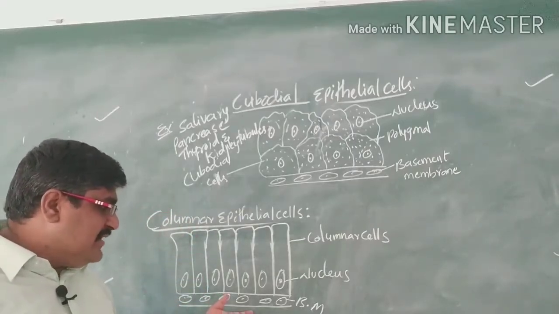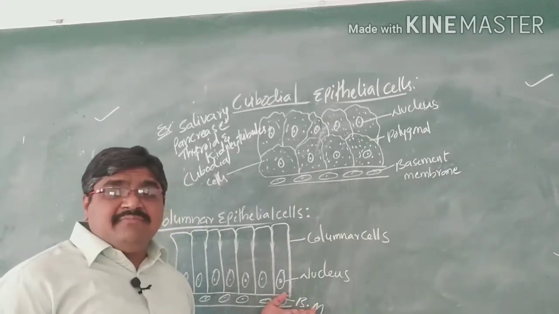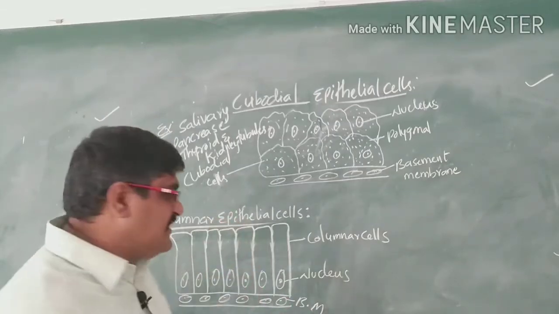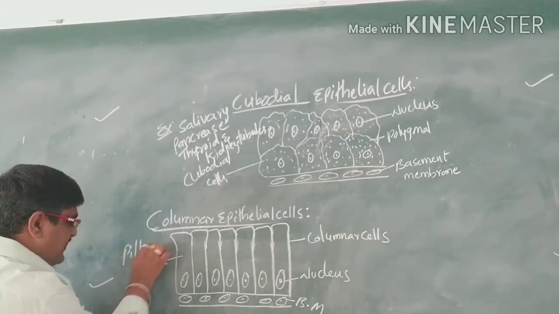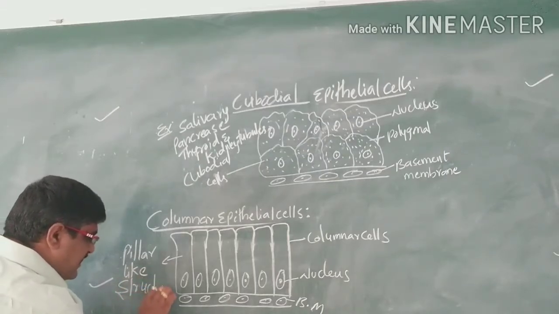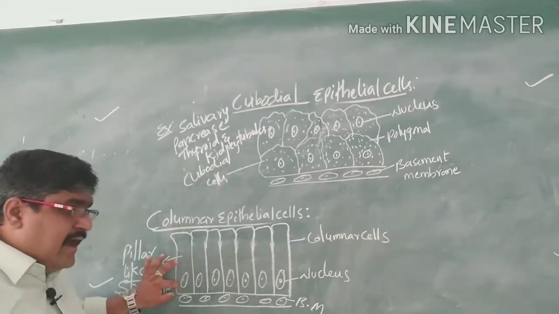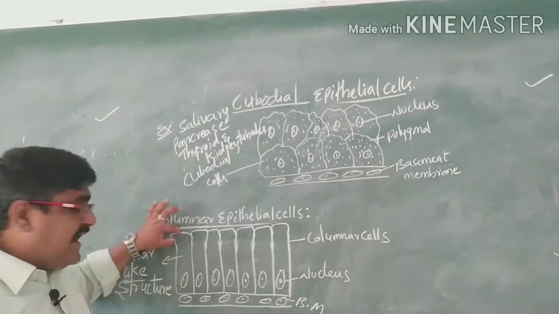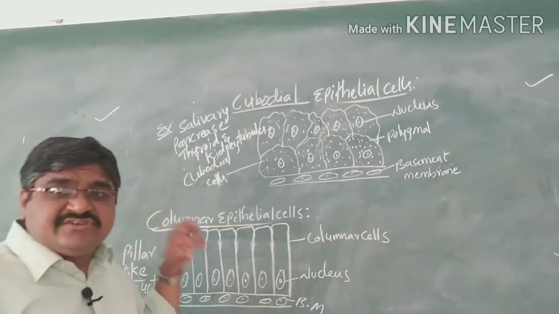These columnar epithelial cells are present on a basement membrane, and they appear like pillar-like structures, narrow at the base and broad at the free ends.